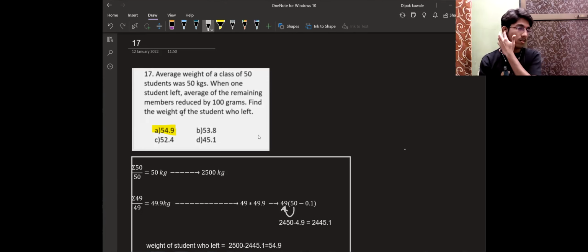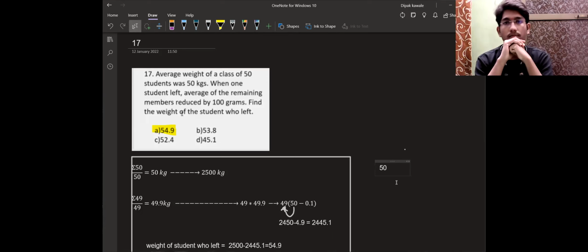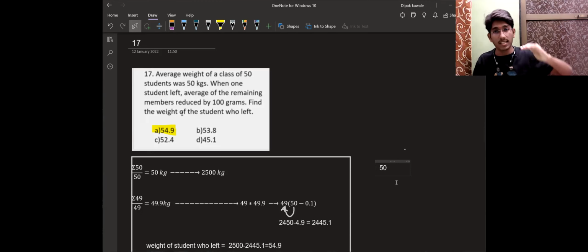Okay. So what I want to say is, assuming that the student who left, his weight is also 50 kg. Initially we are assuming that, but in the problem it is saying that when the student is leaving that group, look at me, when that student is leaving that group, the average is decreasing.